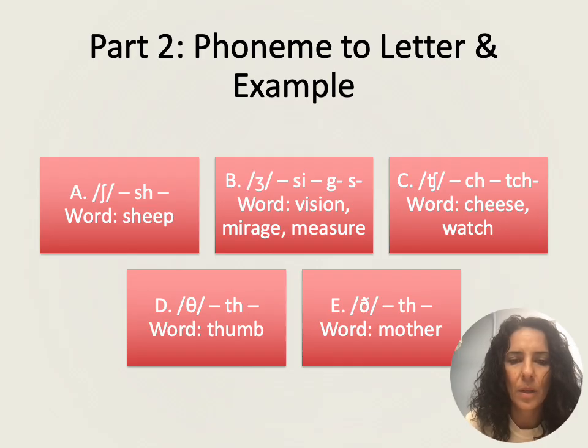The next one, you gave us the j, so it can be represented with an SI, a G, or an S. So we have vision, mirage, and then we have measure. Then you gave us the ch. So right here we have cheese, which is with the CH, and watch, which is with the TCH.